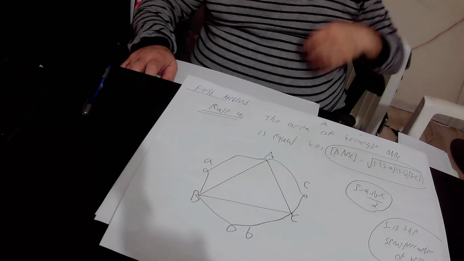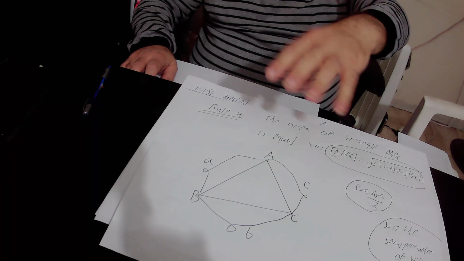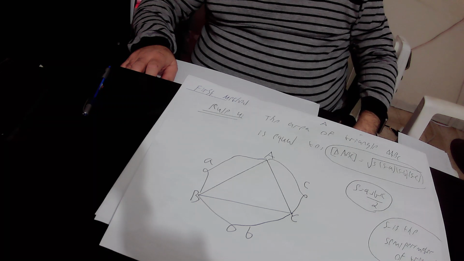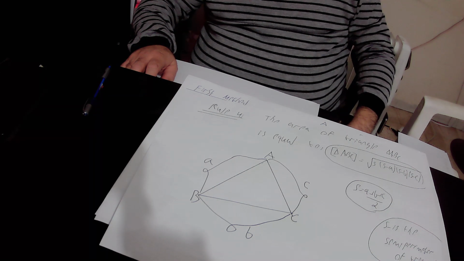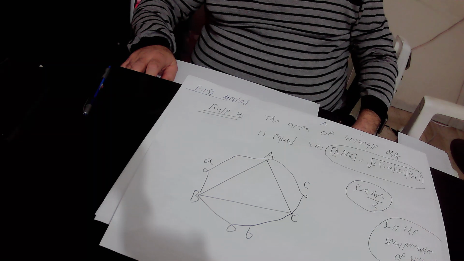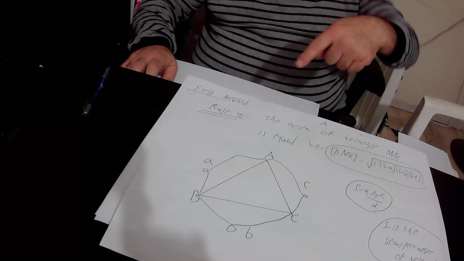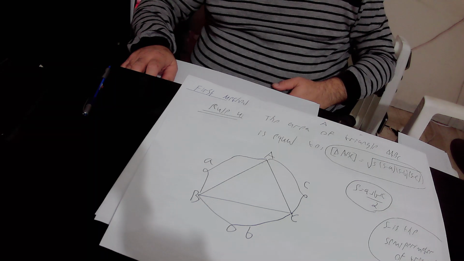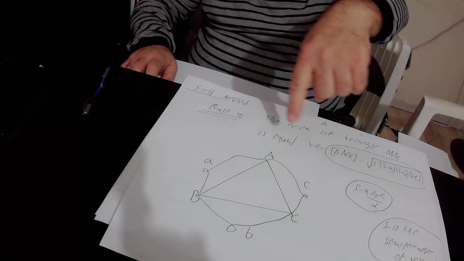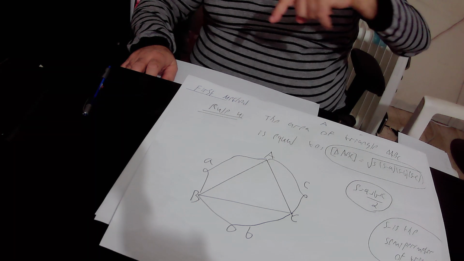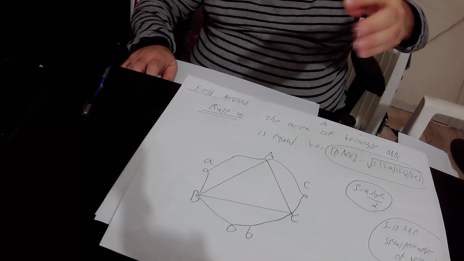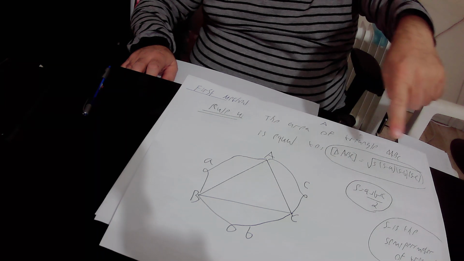And S is the semi-perimeter of this triangle ABC. The semi-perimeter is the perimeter of the triangle over 2. The perimeter of this triangle is equal to the sum of its side lengths, that is to say it is A plus B plus C, and when we divide the perimeter by 2, we get the semi-perimeter.